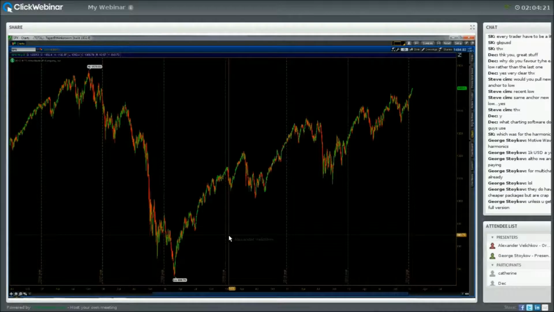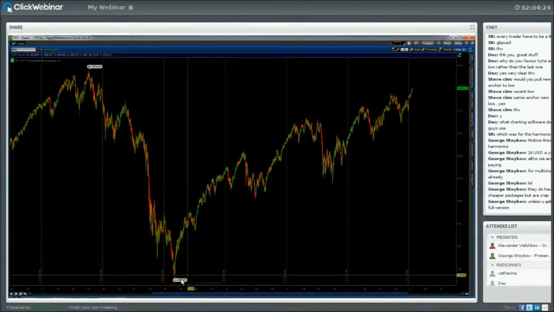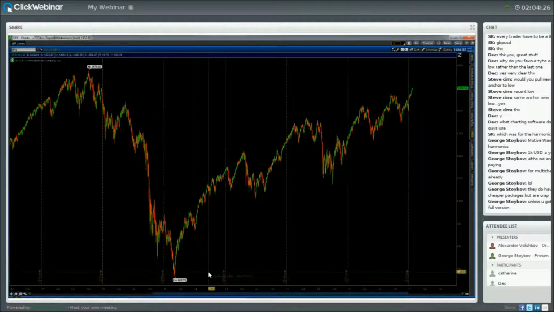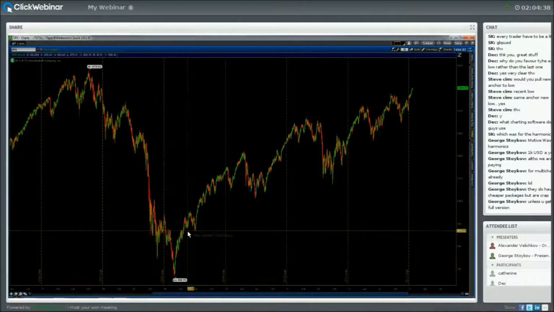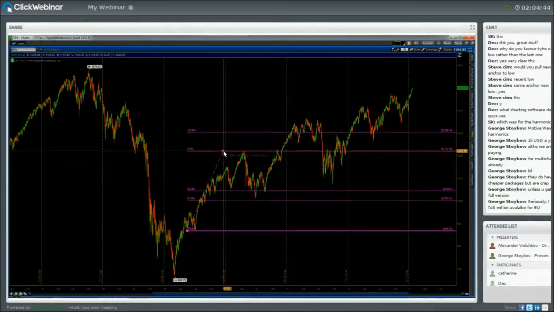Okay, so what we have had since 2008, the low at this 666.79. This is what we have as price data. The origination of all our retracements and basically the whole upside in the S&P is from an anchor of the 868 to this high.